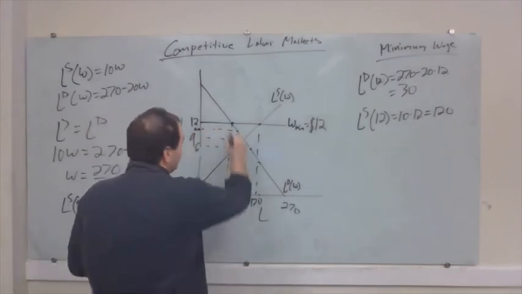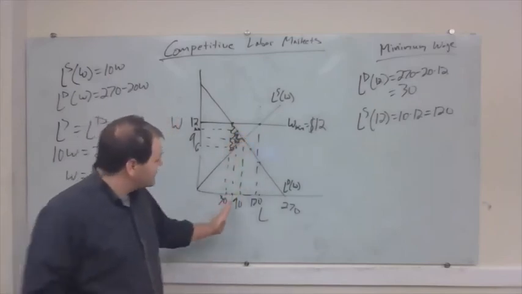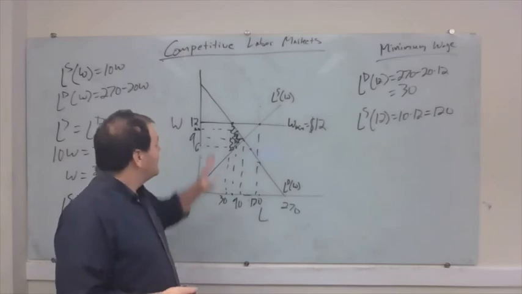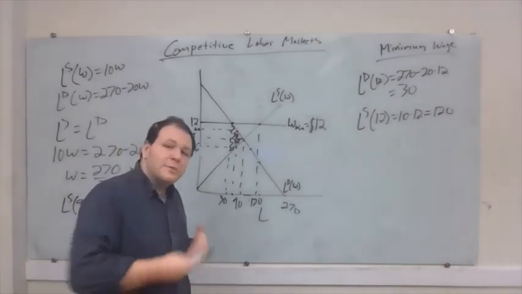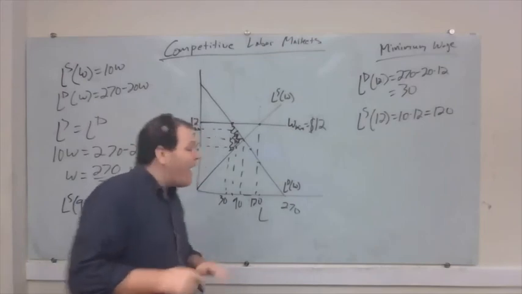So the point here is, we've got this triangle of loss that represents essentially hours that are worth less to the workers than they would have been worth in terms of the value of their output to consumers.